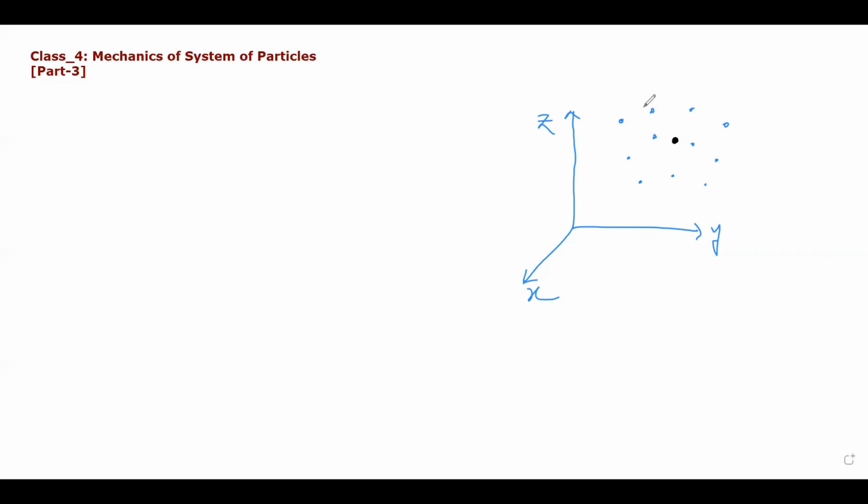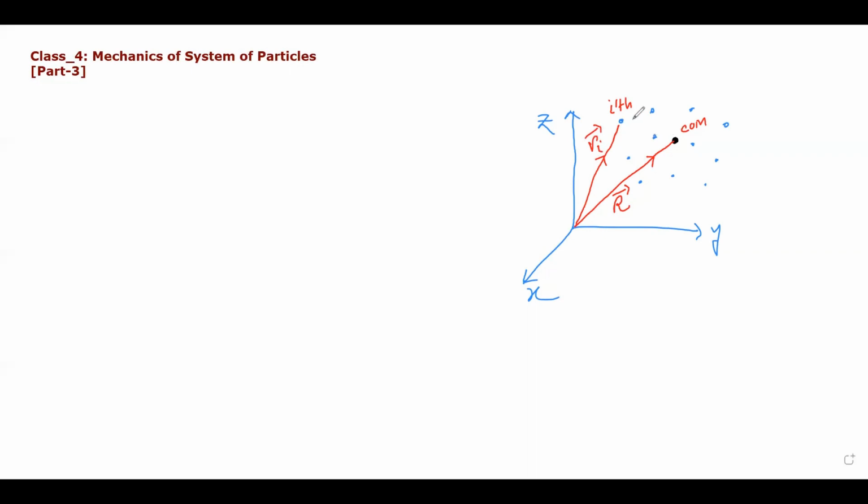The position of the center of mass is given by the vector R. Let's say this is the ith particle. The position of the ith particle is given by Ri.